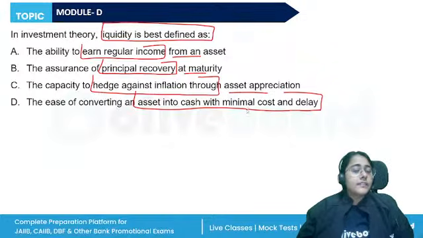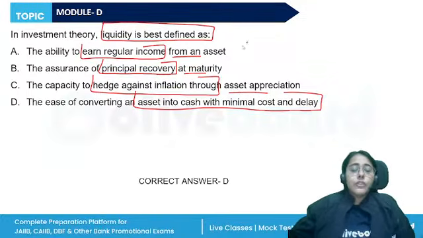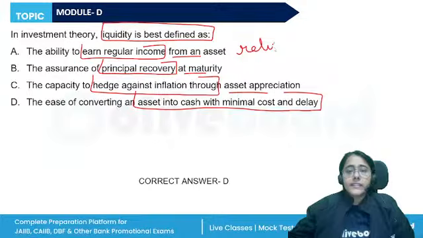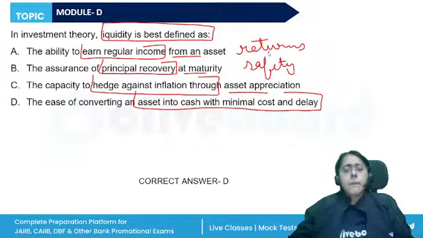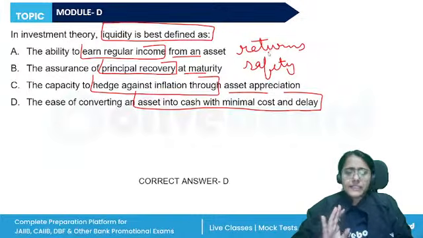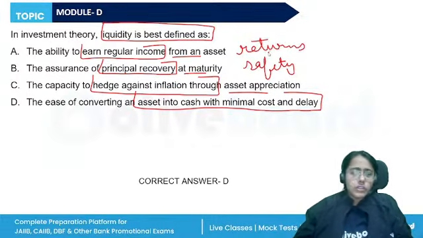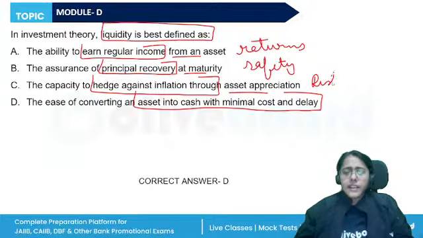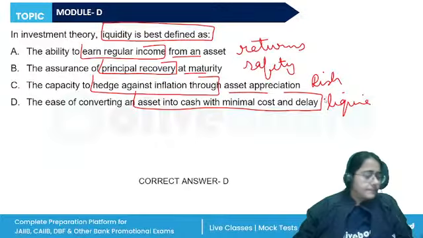What is the best definition of liquidity? Yes, it is D. Ability to earn regular income from an asset is the returns factor. Principal recovery is the safety factor. Capacity to hedge against inflation could be risk, right? Hedging. And ease of converting is known as liquidity. How liquid it is. Okay.